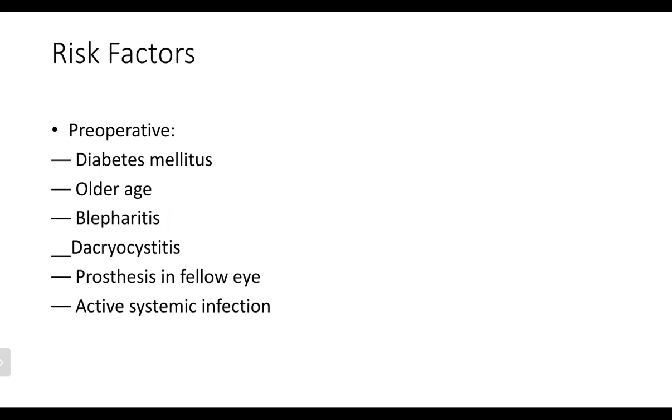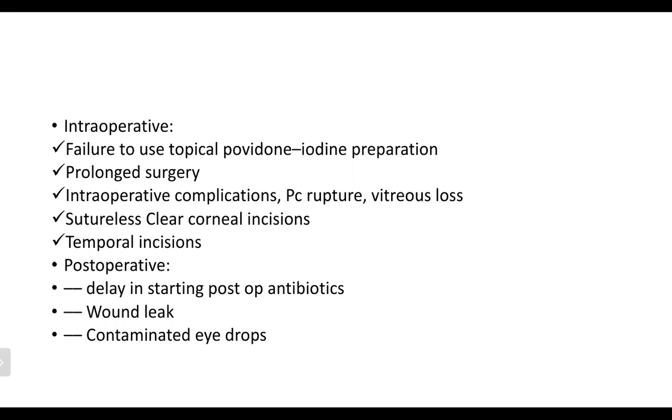Patients with untreated dacryocystitis are also at risk of post-op endophthalmitis. Also patients with a prosthesis in the fellow eye, especially if it's infected and not treated, and patients with active systemic infections. These are the preoperative risk factors that need to be taken care of before cataract surgery.